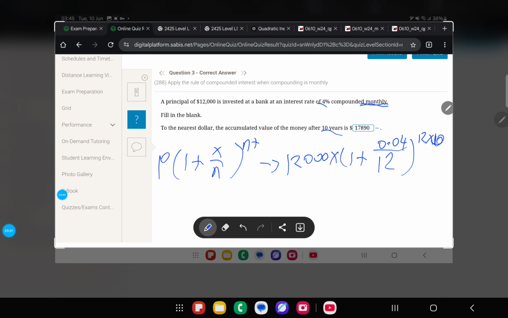Then now just solve. 12,000 times bracket 1 plus 0.04 over 12 bracket to the power of 12 times 10, which is 120. You get the answer as 17,889.9. Round it up, you get 17,890. Okay, so that's it.